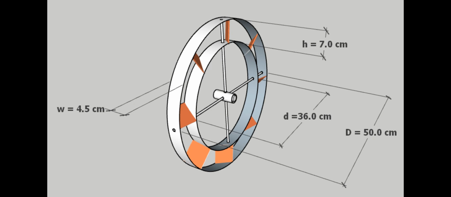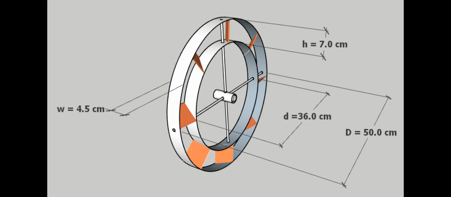The thermal airfoil turbine used in the original airflow motor, as you can see in the drawing, is formed by two concentric cylinders, the largest one with a diameter of 50 centimeters and the smaller one with a diameter of 36 centimeters.